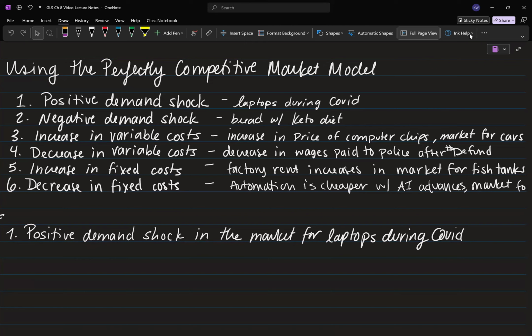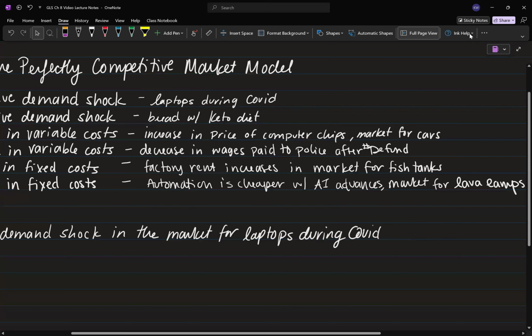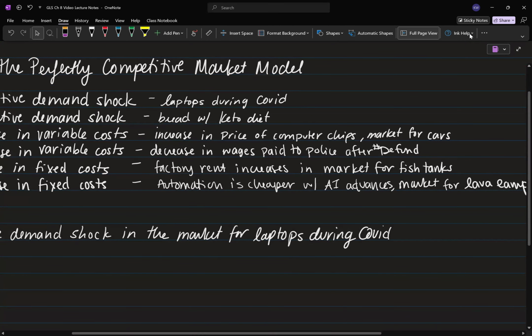And so for that one, we'll look at the market for fish tanks and suppose that factory rent for the factories in which those tanks are made goes up. And then lastly, we'll look at a decrease in fixed costs. For this one, we'll just say that automation has become cheaper with AI advances. So we'll look at the market for lava lamps and just assume that the production of that product relies heavily on automation.